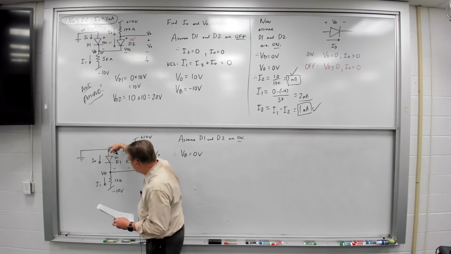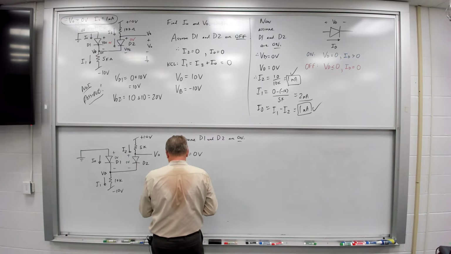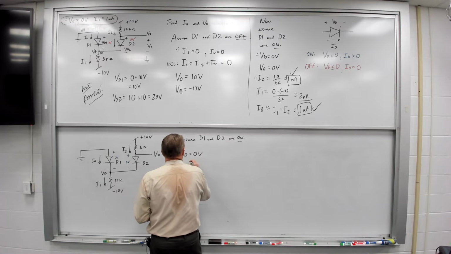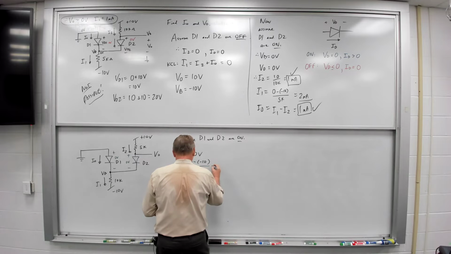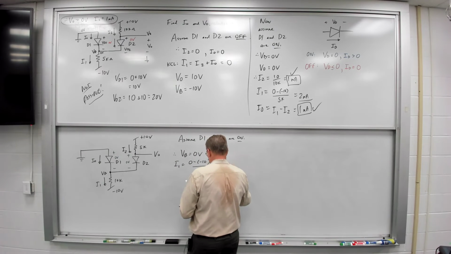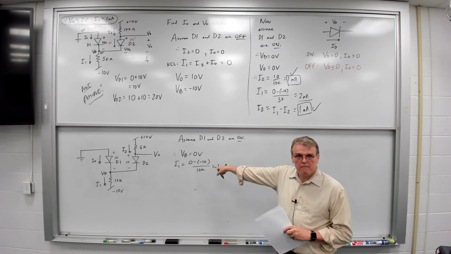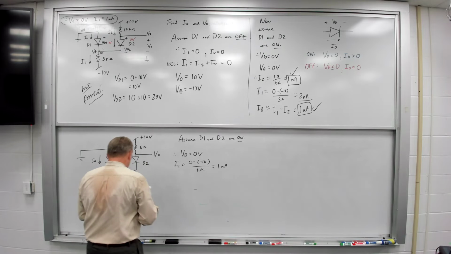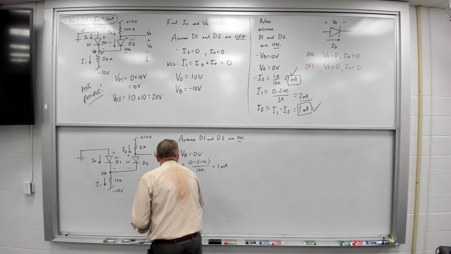Because I've got 0 there, so I know that. And therefore, I also know that I1 is equal to 0 minus negative 10 divided by 10K, which is equal to 1 milliamp. Everybody see that?